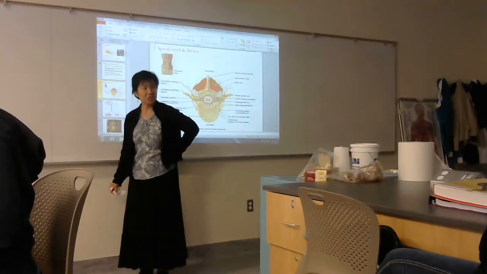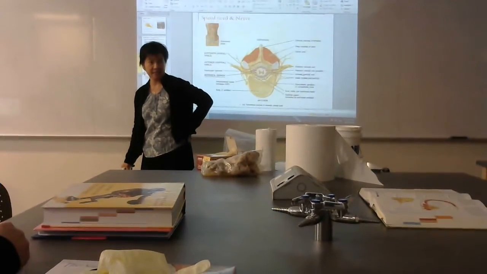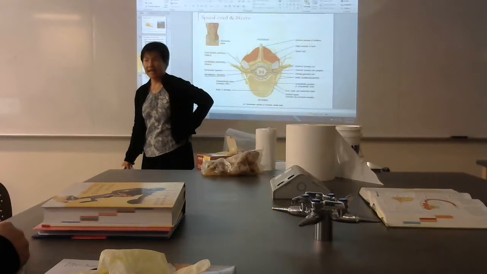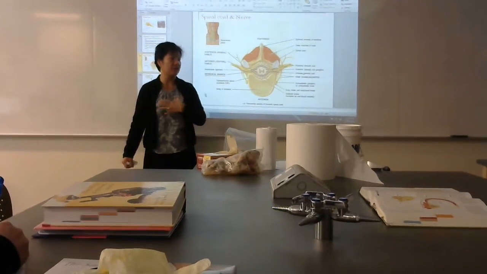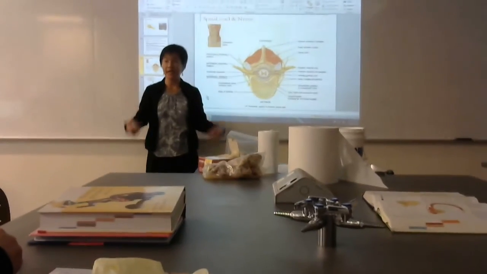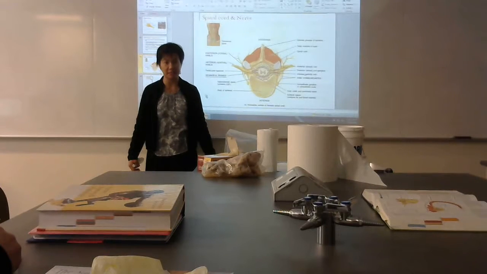So any nerve, if it innervates your back, if it innervates your latissimus, it's called dorsal ramus. You understand, everybody? Any nerve that innervates the ventral part of the trunk, the upper and lower limbs, what do you call that? It's called ventral ramus.